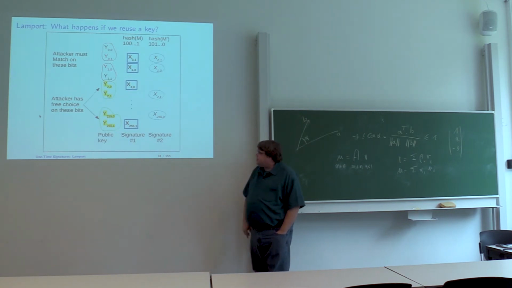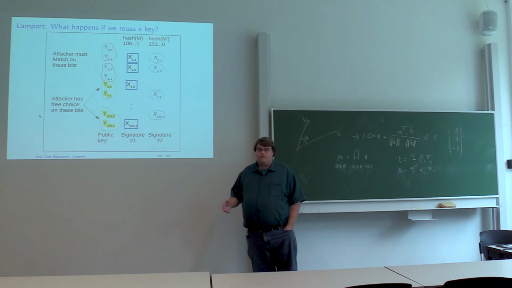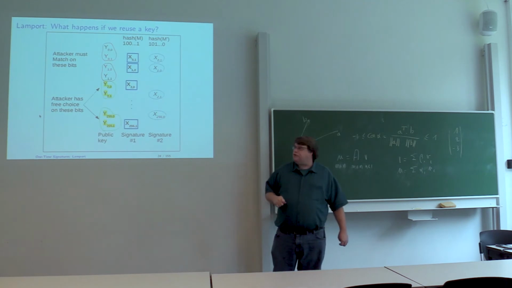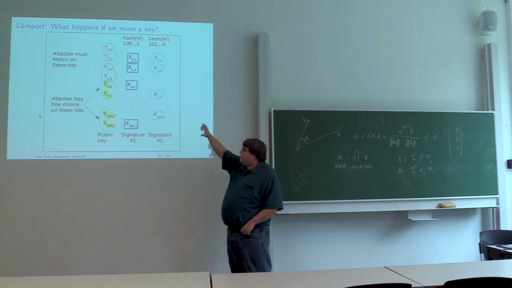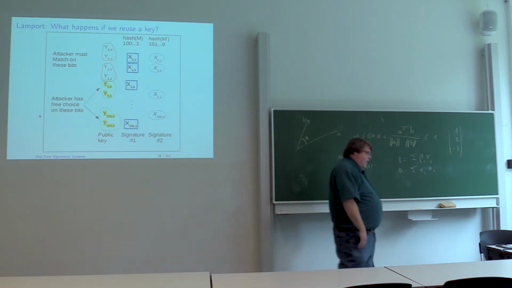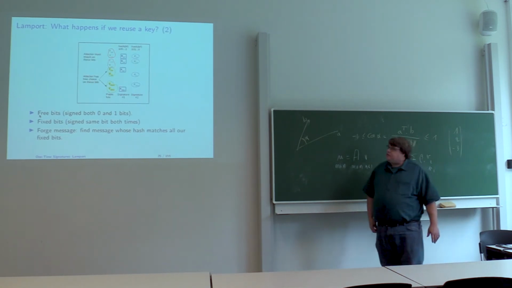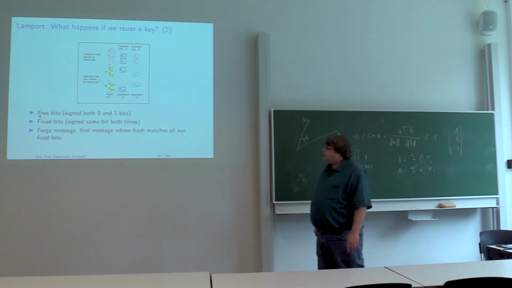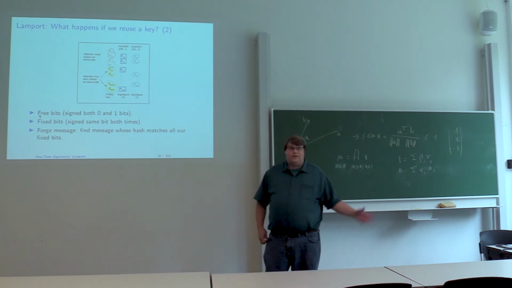And what that means is that for about half of the bits, the attacker is now going to have a free choice. When he wants to forge a signature, he'll be able to say, I can forge a signature that matches on the matching bits, right? But it can be anything on those bits where I have both choices. And one of the interesting things here is, if you sign 3 or 4 times, it just gets easier and easier.